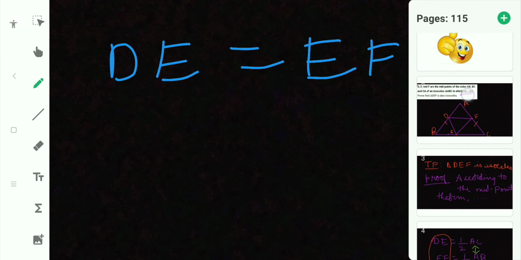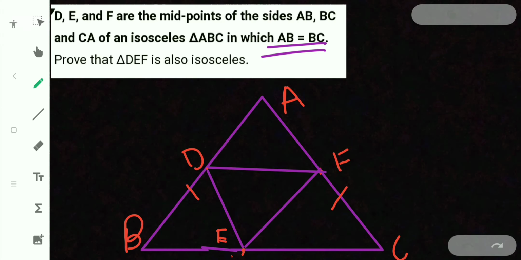Now just come to the diagram. DE is equal to EF. This line DE is equal to EF, and since these two lines are equal, we can say the triangle DEF is an isosceles triangle.